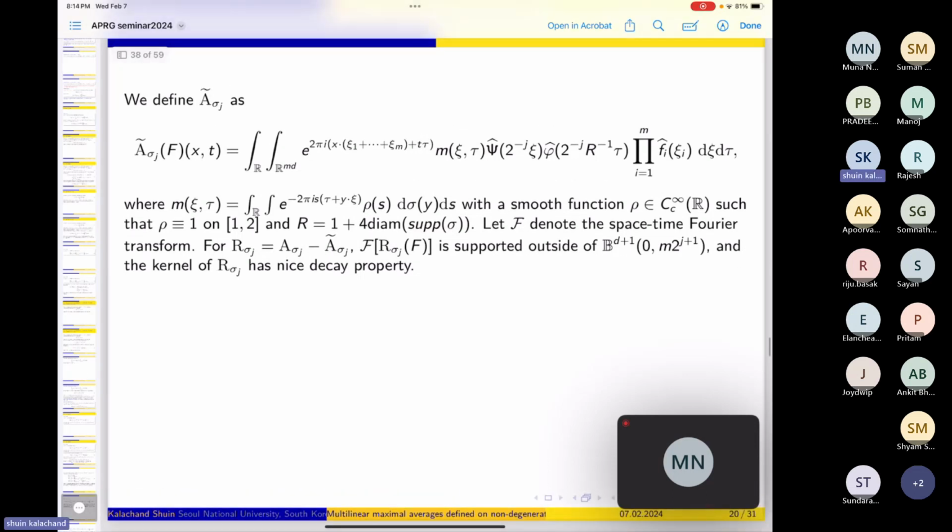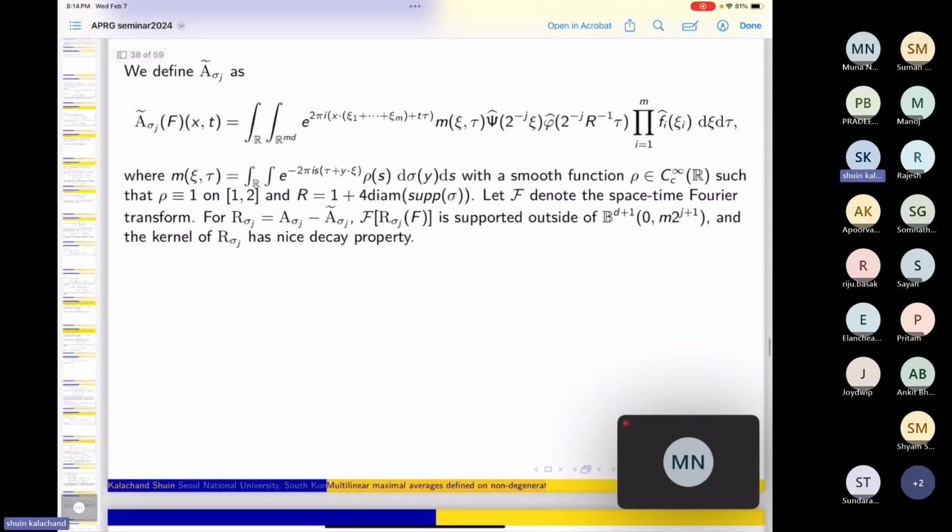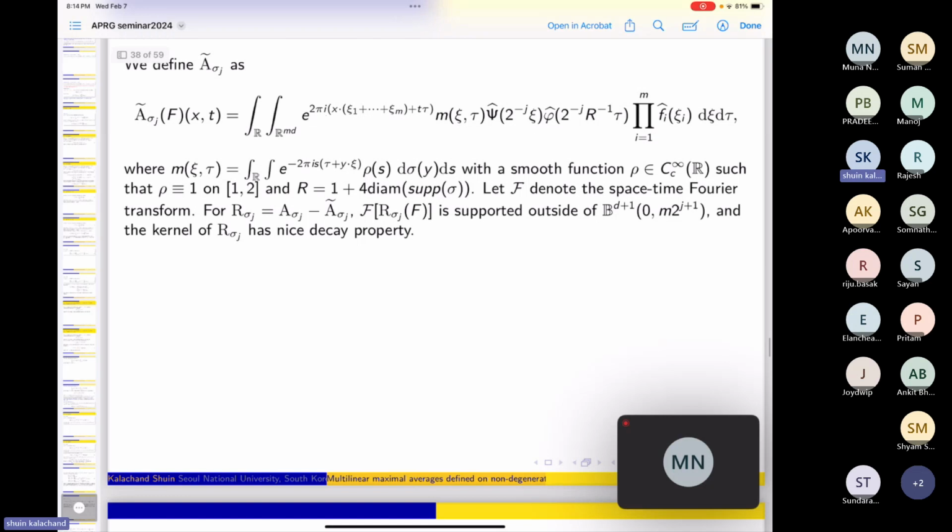This can be seen from the definition of A sigma j tilde, because here tau is supported in a ball of radius r times 2 to the power j, and we know the support of psi j hat.